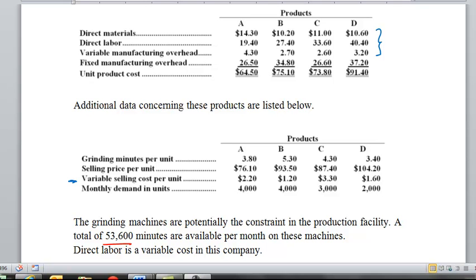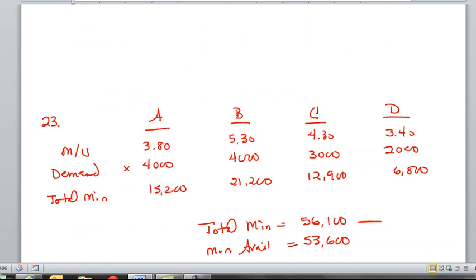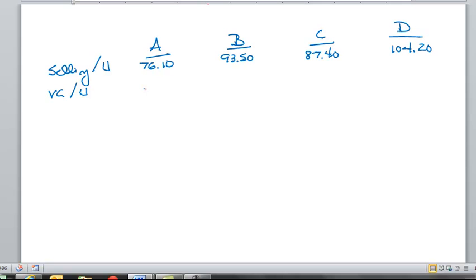So for A here, if we add the 14.30, the 19.40, the 4.30, and the 2.20, we get a total variable cost of 40.20. Do the same thing for B, C, and D. You get total variable costs for B of 41.50, 50.50, and 55.80.